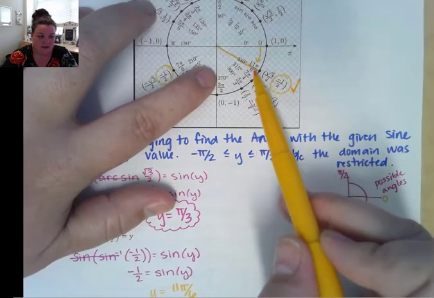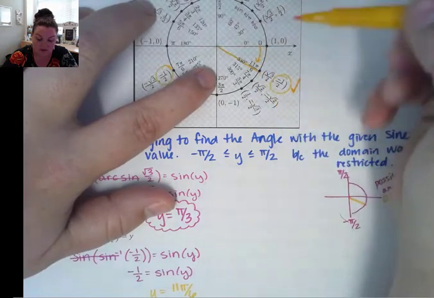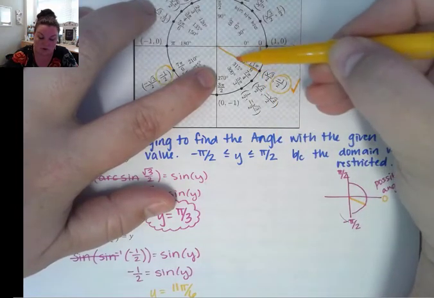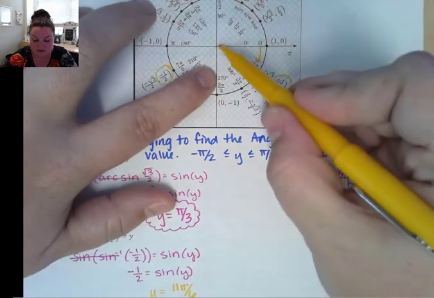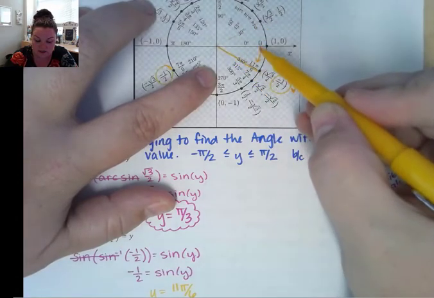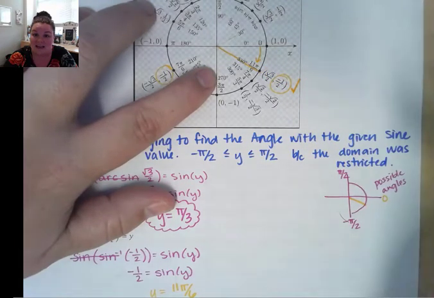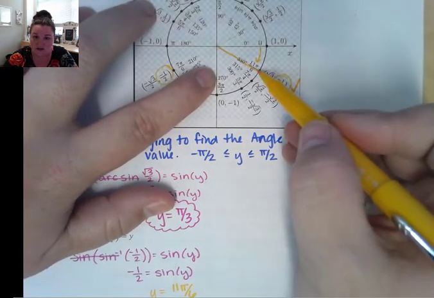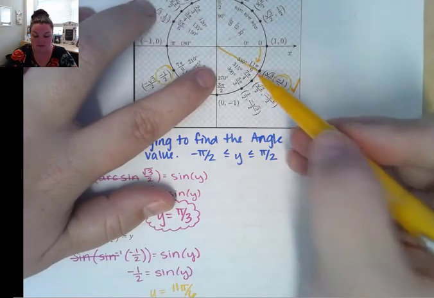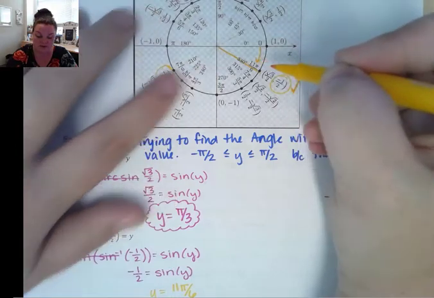So if I go down, this is like subtracting, right? And since it's a 30-degree angle, if I go down to this first 30-degree line, it's the same as going up to this 30-degree line. So instead of going up to pi over 6, this is like going down -pi over 6, right? Or you could take 2 pi and subtract 11 pi over 6. However you want to figure that out.